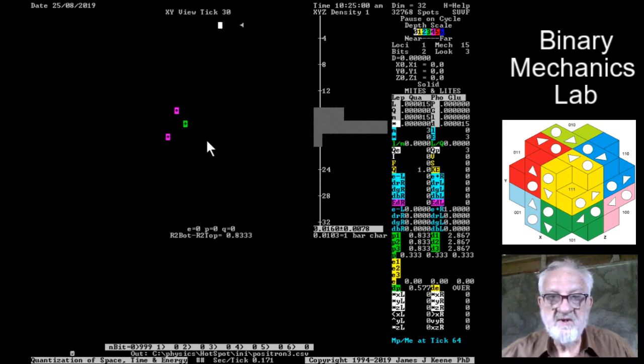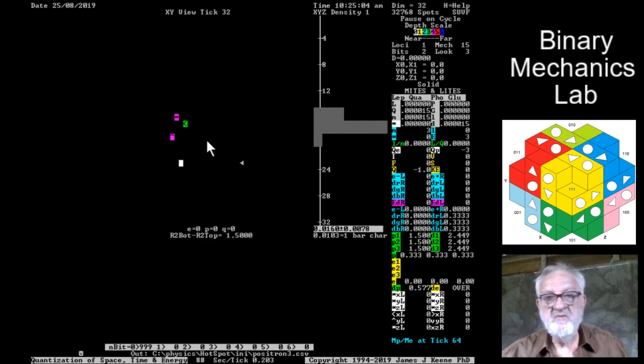And we're going to pause on cycle. A cycle would be 21 simulator ticks, because that is the duration of the proton bit cycle. And already, let's see what's going to happen next.